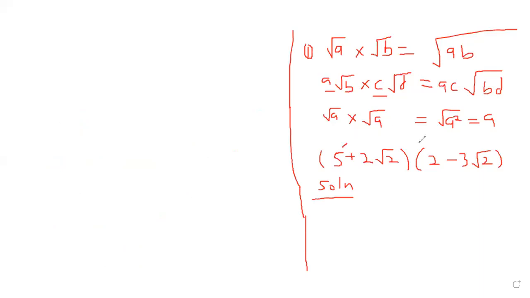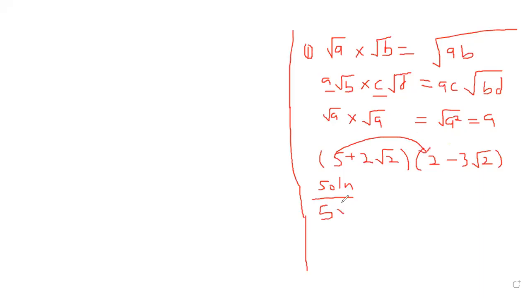So this times that, and then this times this. So we can either expand the brackets like this. I like multiplying straightforward, okay? So we have 5 times 2.